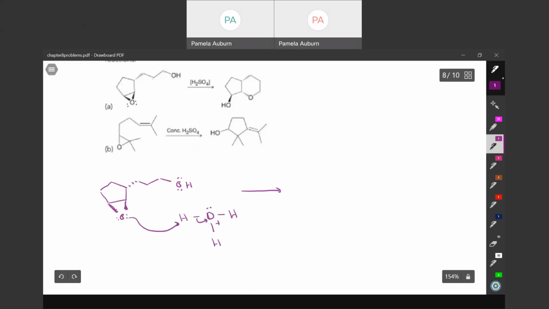And that gets me, and so now that the oxygen is protonated, it's making that internal OR leaving group a better leaving group.